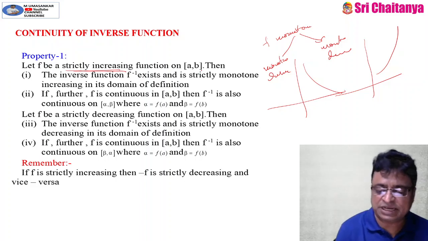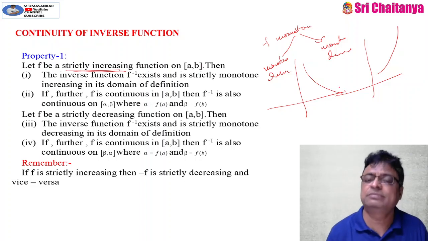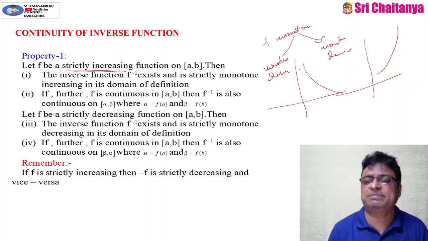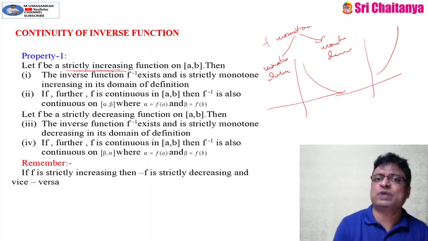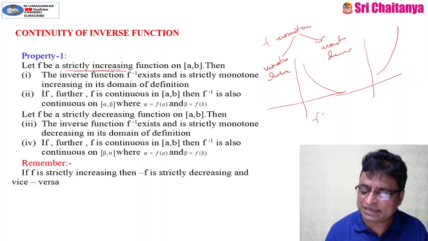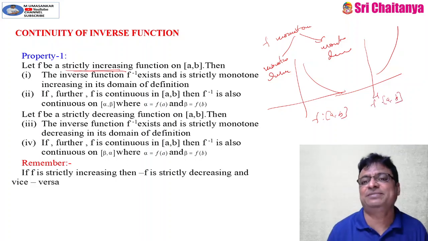If f is a strictly increasing function in a closed interval [a, b], then the inverse of f exists. That means f inverse exists. It is also strictly increasing. Suppose f is strictly increasing in a closed interval [a, b], then f inverse is also strictly increasing.